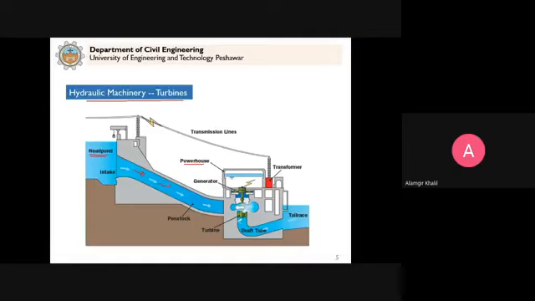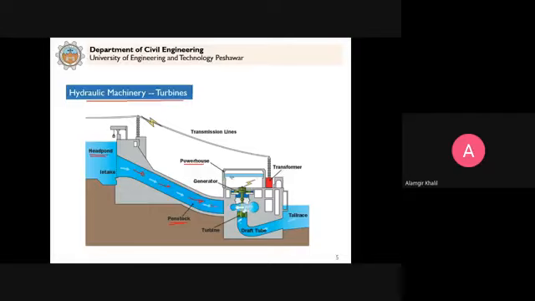So the penstock, as I said before, originally was the name of a valve, but later on this whole pipe was named as penstock. So the penstock is a pipe or a tunnel through which the water is supplied to the turbine.